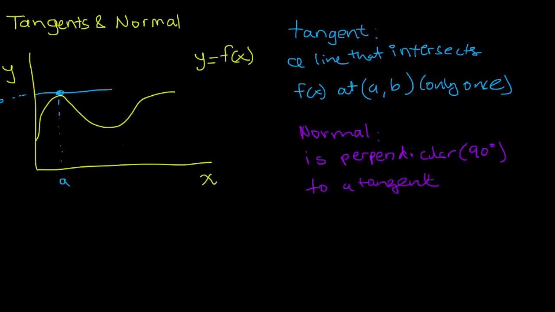So visually, what that looks like is it's going to be a straight line. It's not straight, but it's going to be a straight line which forms a 90-degree angle with a tangent.